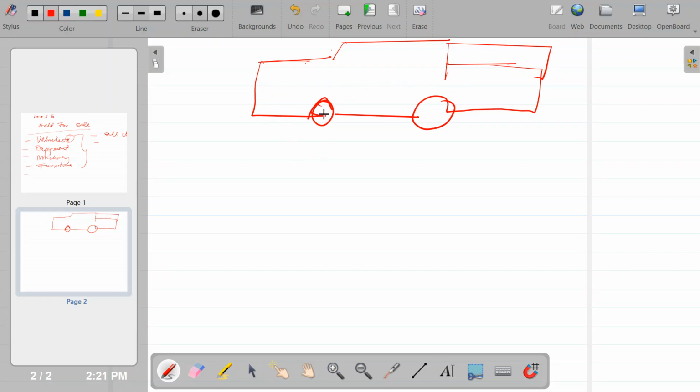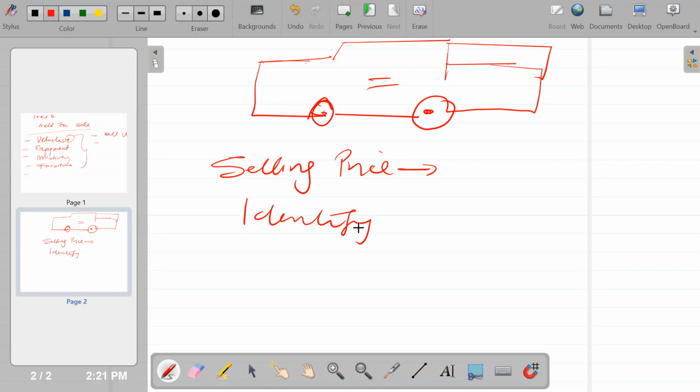All right. Now, first they need to get the selling price. They need to know how much they are going to sell the truck for. Then they need to identify a buyer. Sometimes they need to do an advert.